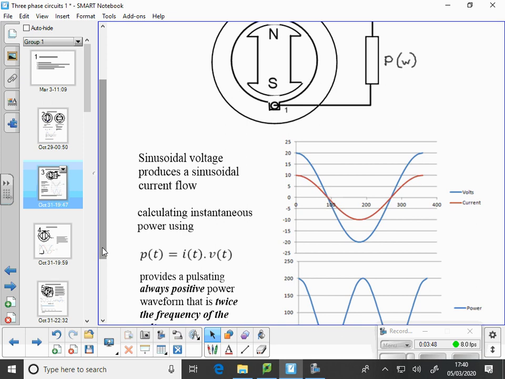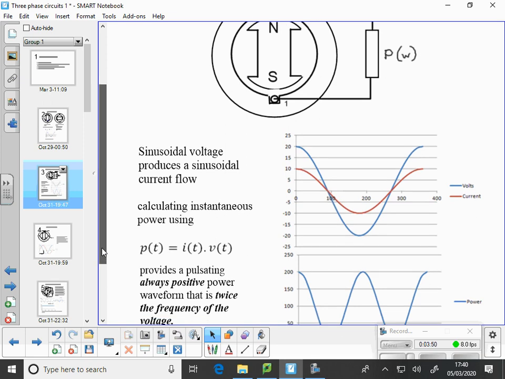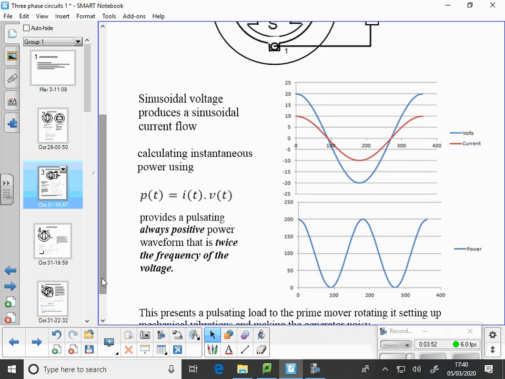If I then calculate instantaneous power by multiplying instantaneous current by instantaneous voltage, we would get a power curve that is pulsating, like this blue curve at the bottom here. Notice that it goes down to 0, peaks at 200, never crosses the 0 line.